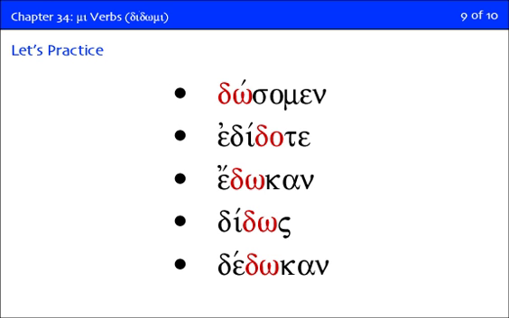Can't be anything else. Edokan, aorist. Augment, kappa aorist. Didos, present, reduplication with the iota. And dedokan, perfect. Reduplication with an epsilon, and there's the kappa in the perfect.